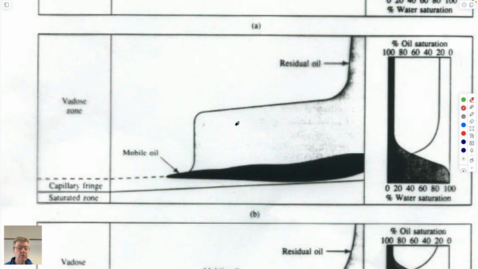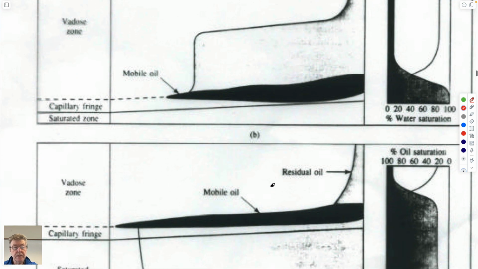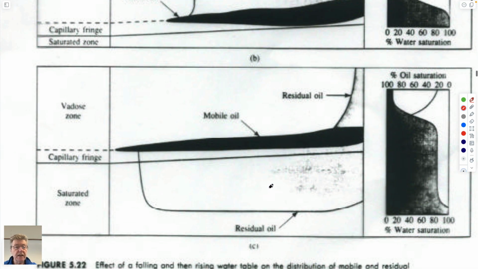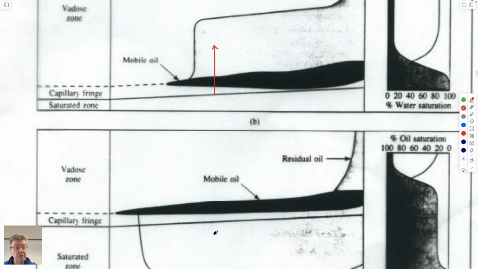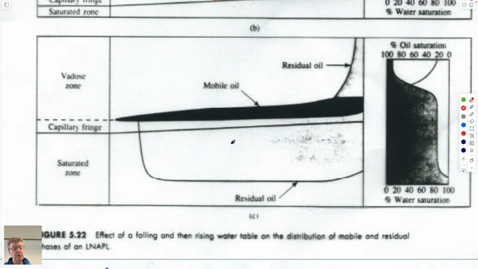So now you have this zone here, which instead of just being this column, is spread out. And so now, if the water table rebounds and goes to this, you have this kind of anomalous situation where you have residual oil that's present in the chimney, but is also present below it.